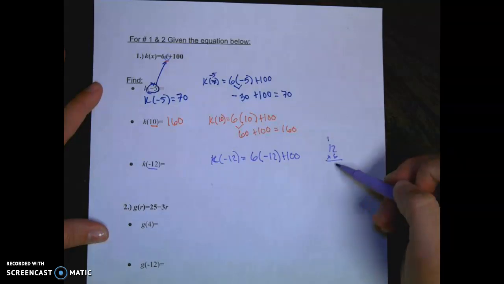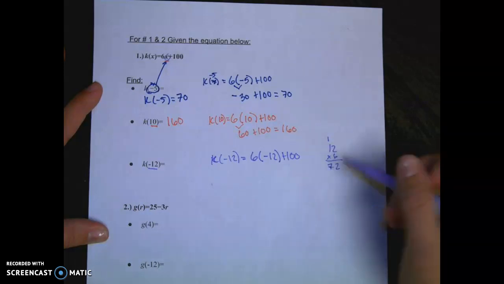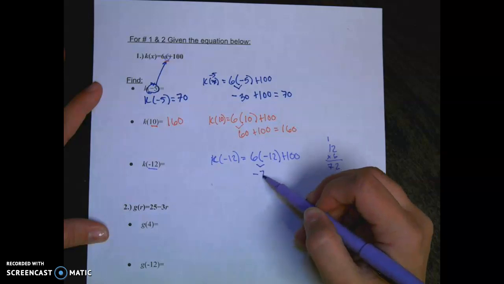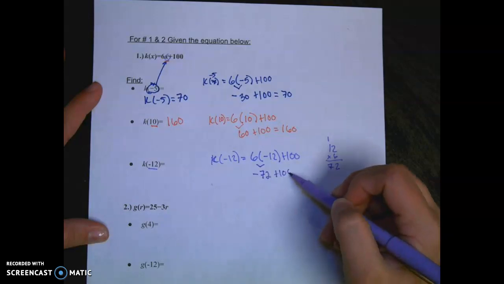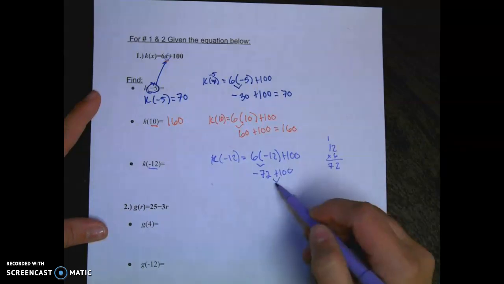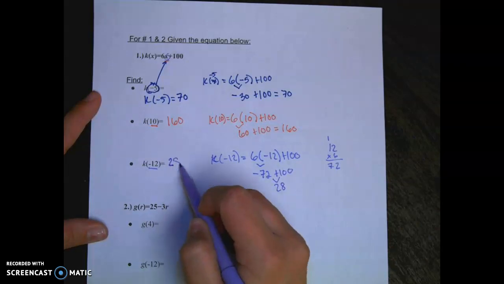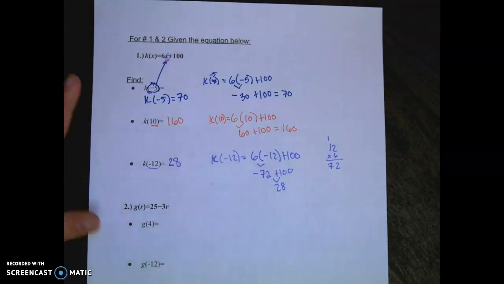So 6 times 2 is 12, and then 72. But it's not going to be a positive 72. It's going to be a -72 because a negative times a positive is a negative. So if you add 100 to -72, what you're going to get is 28. So at -12 on our graph, or in our equation, we would have 28.